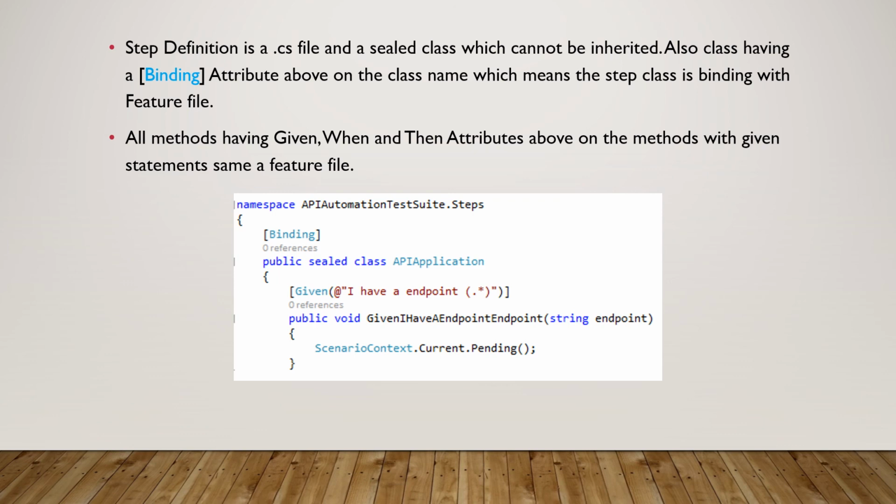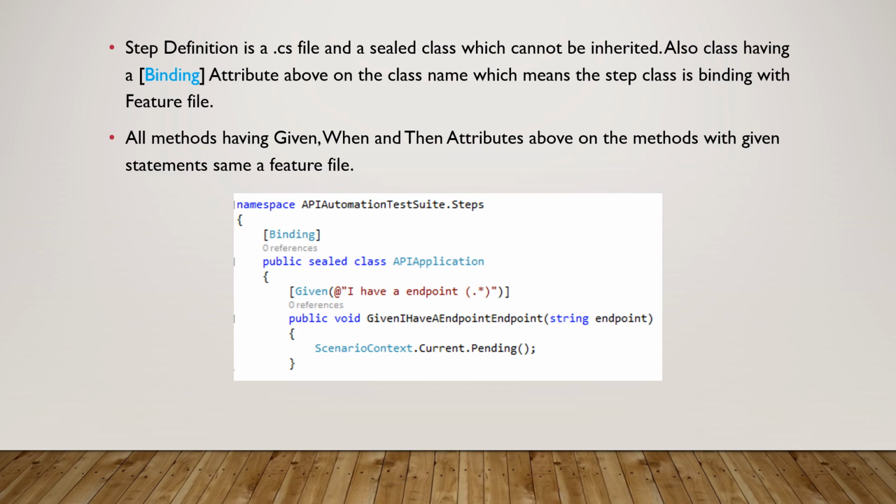That is actually an important point: all the step definition classes are sealed. Also, the class has a Binding attribute above the class name, which means the step class is bound with the feature files. All methods have a given, when, then attribute above the method, with the same statement as the feature file.